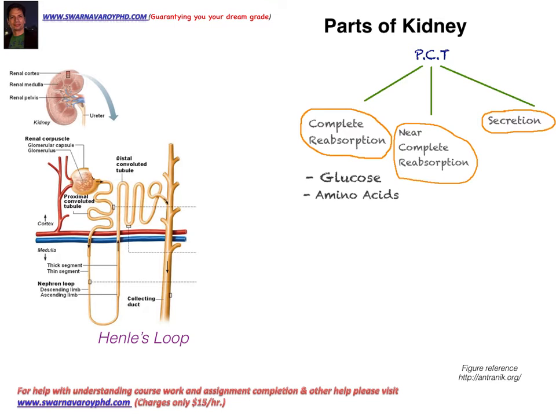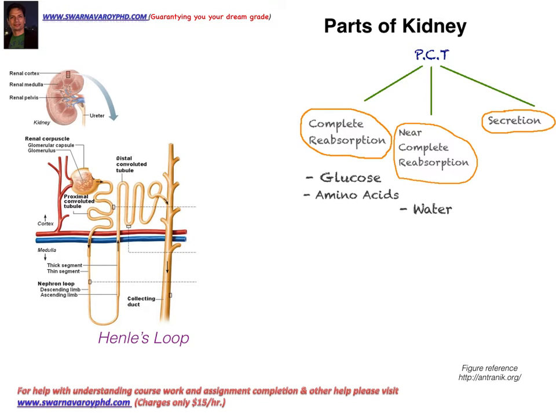Now, just an offshoot, you can understand that the Bowman's capsule is lined by cells called the podocytes, and these podocytes act as a filter. So the water part in the blood passes into the proximal convoluted tubule via these podocytes.